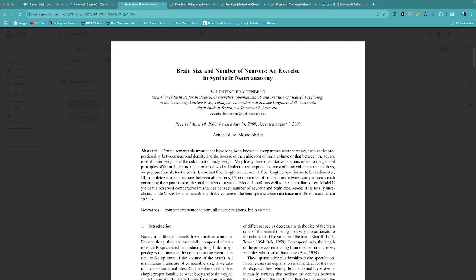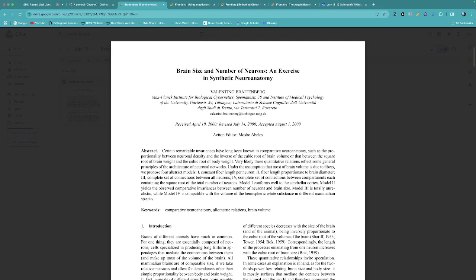And so you get this sort of scaled relationship, and it gives us these quantitative measures that we can get a sense of the architecture of neuronal networks. You also see this in the hippocampus of different organisms, especially if they engage in a lot of foraging versus not.